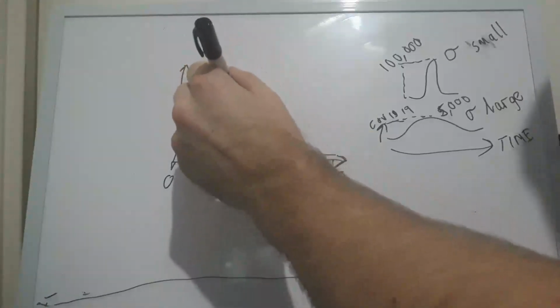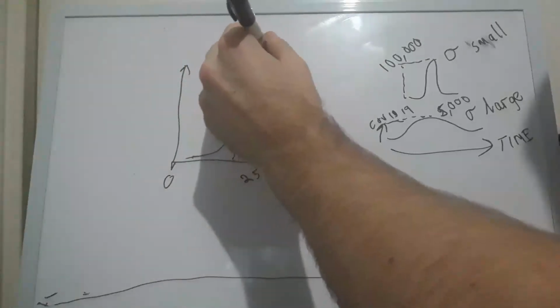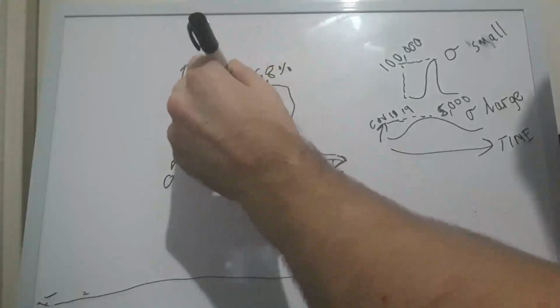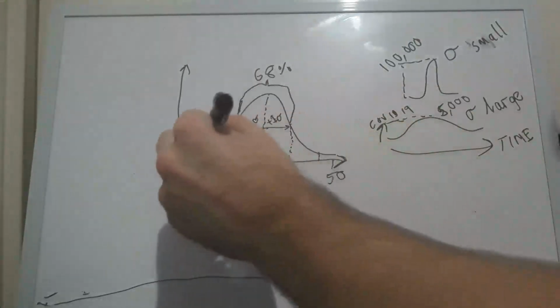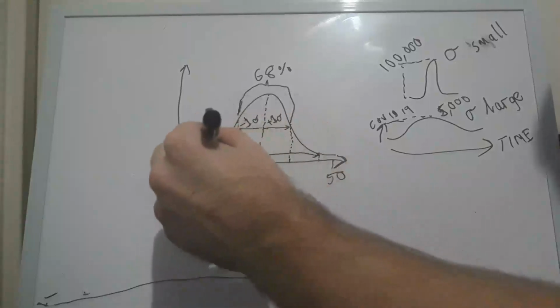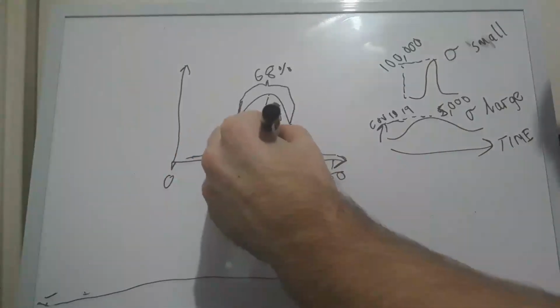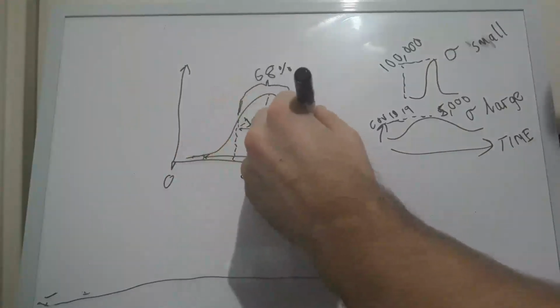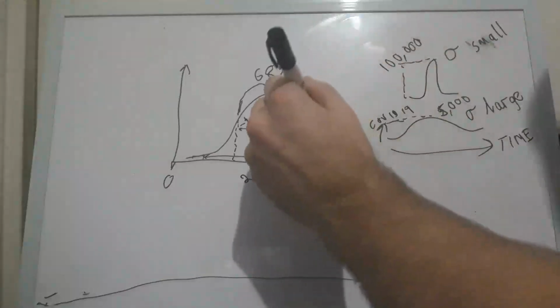This would encompass, that is 68% of all the study scores that will be given out. If you were to move 2 standard deviations away, plus or minus 2 sigma, that would be equal to 95, 98, 97, what do my notes say? 95%.